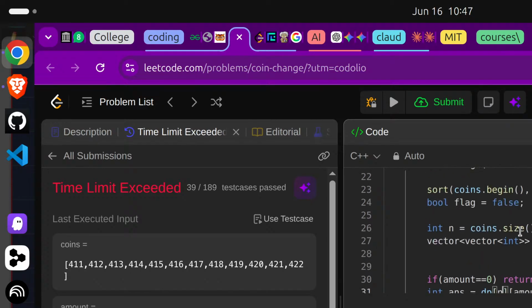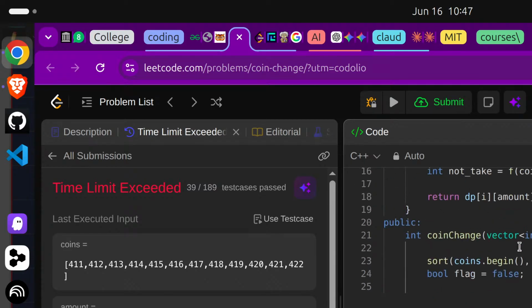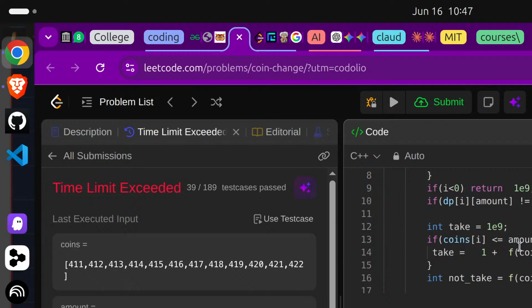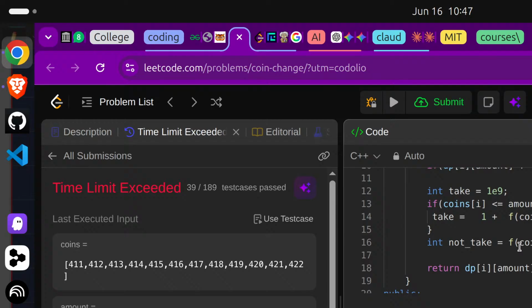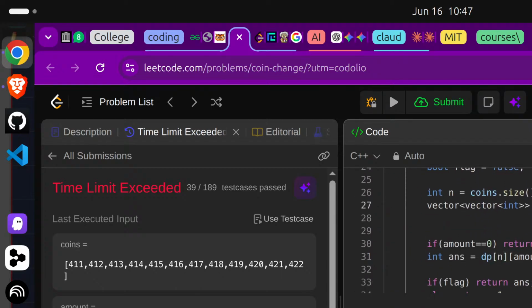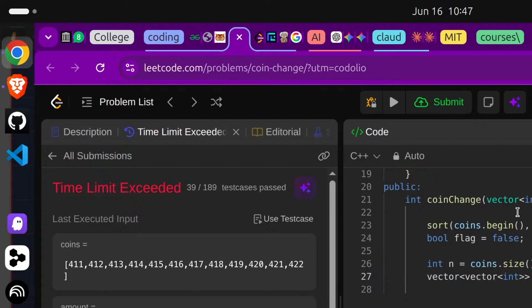Why is it giving the wrong answer, guys?